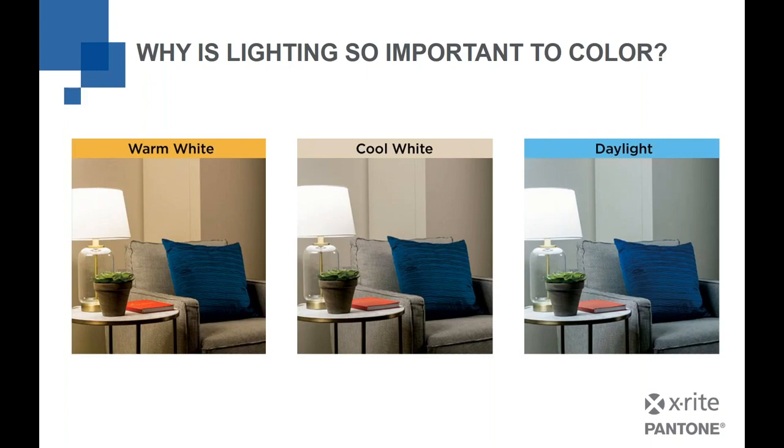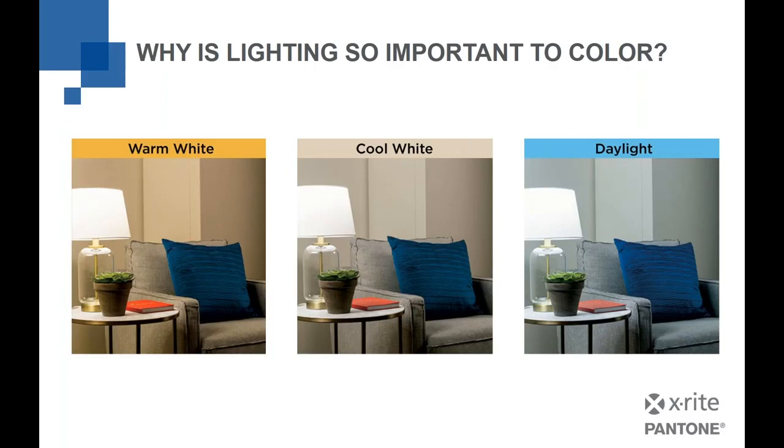And so we're looking at a picture of the exact same setting, three different light sources going on, and just the color of the back of the walls, the chair, the brass part of the lamp, all of those things change dramatically. And it's just a good visual for why lighting is really so important to us in color.